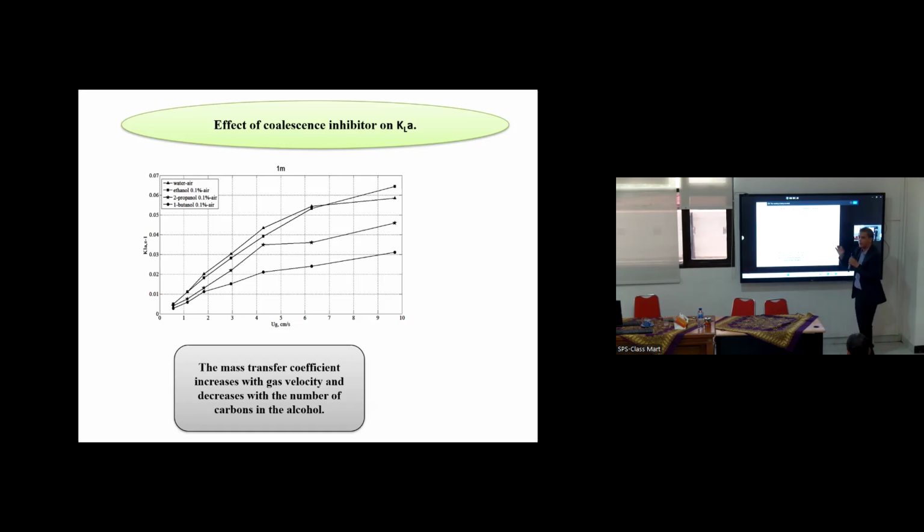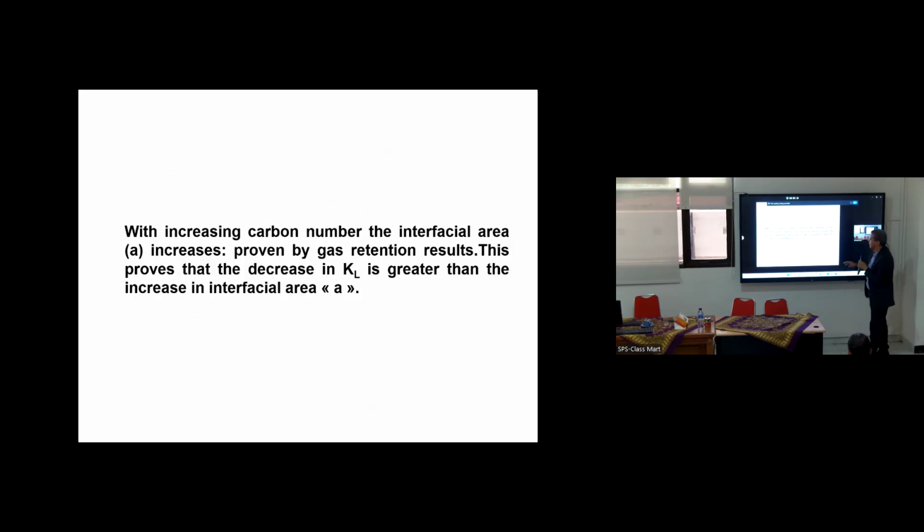When we put in surfactant, we decrease the transfer of oxygen. So with increasing carbon number, the interfacial area increases, proven by the gas retention results. This proves that the decrease in this coefficient is greater than the increase in interfacial area.